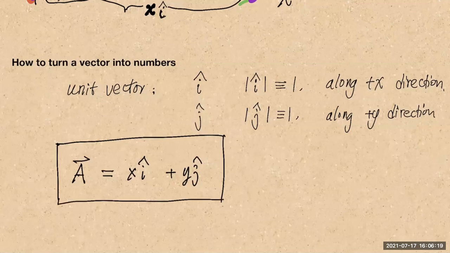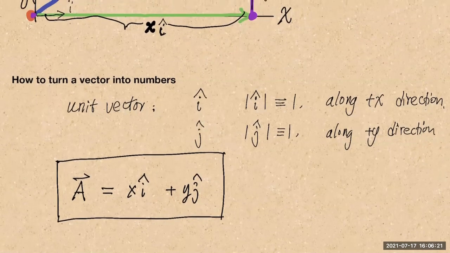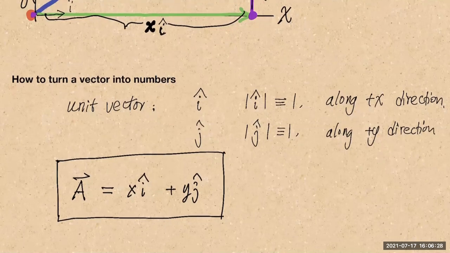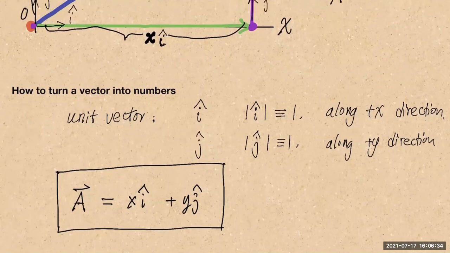Okay, you give me a pair of numbers x and y, I can express this vector for you with the help of a coordinate system and unit vectors i and j. In this new context, the number x is called the x component of the vector A, and the number y is called the y component of the vector A.